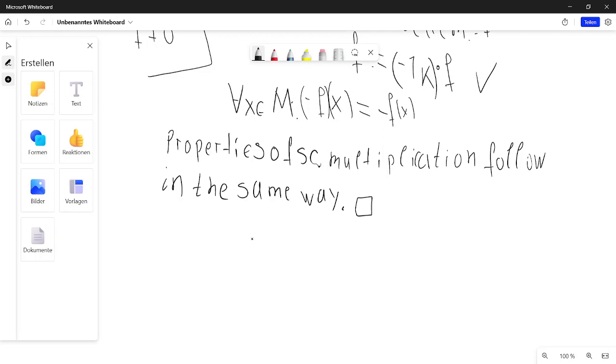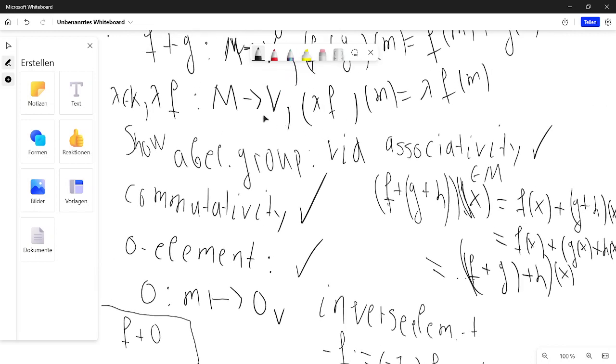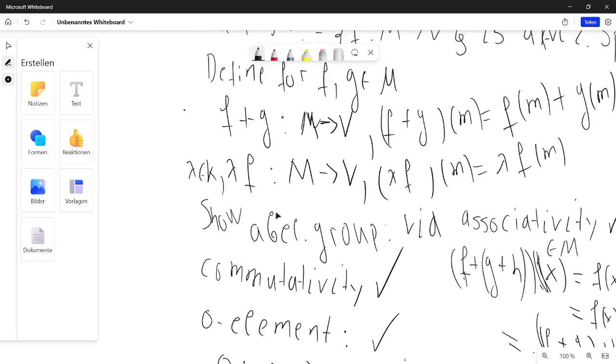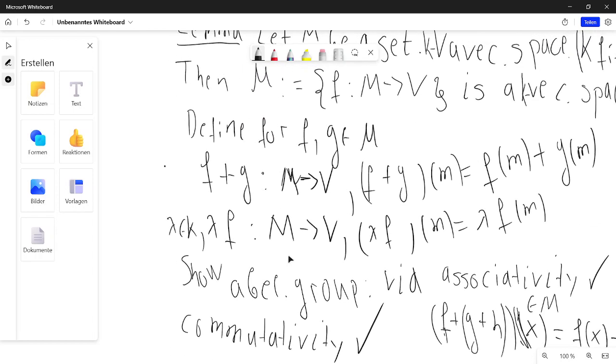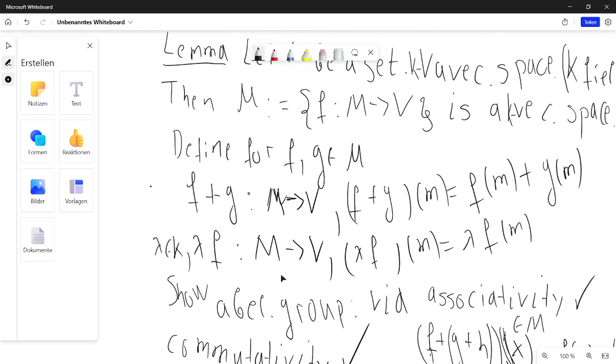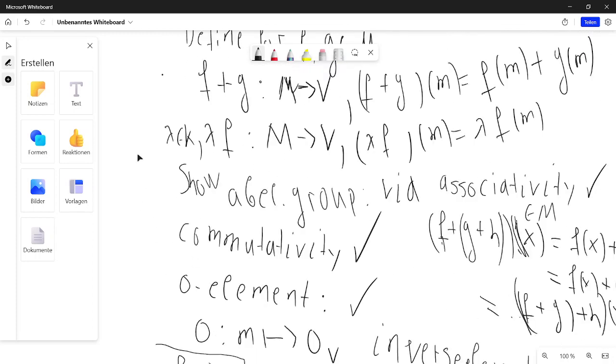That shows that. So we now know that if we take any set and we take any k vector space and we consider all functions from this set to this vector space, just all functions, no properties at all, then we will obtain a vector space.